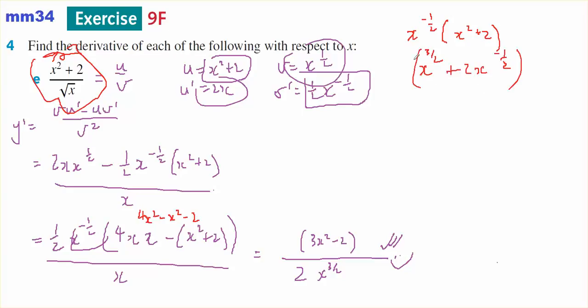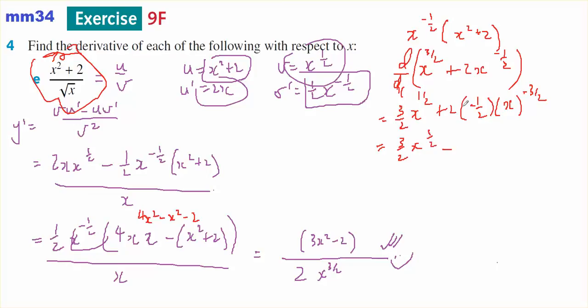And the derivative of that will equal 3 on 2 x to the 3 on 2 minus 1, which is a half, plus 2 times negative a half x to the negative 3 on 2, which equals 3 on 2 x to the half minus, the 2's cancel, x to the minus 3 on 2.